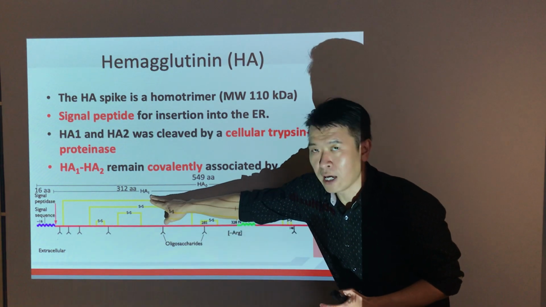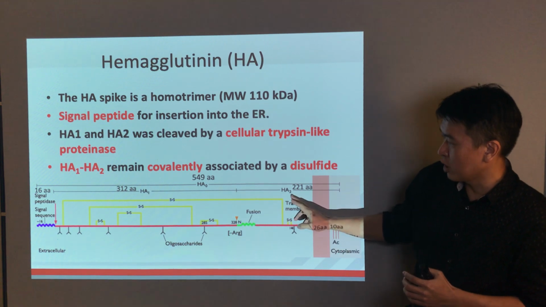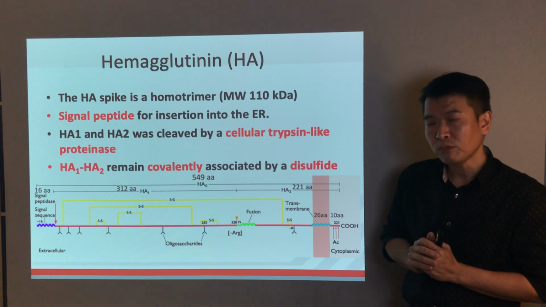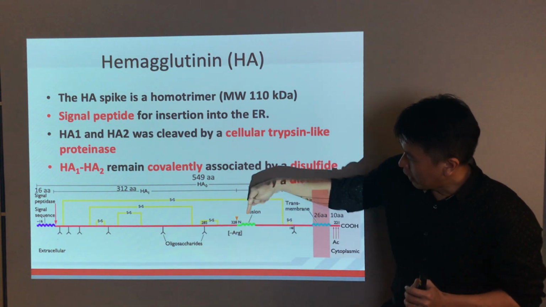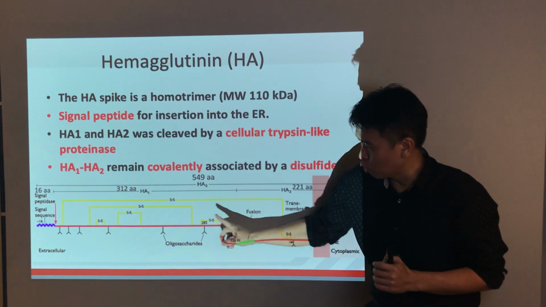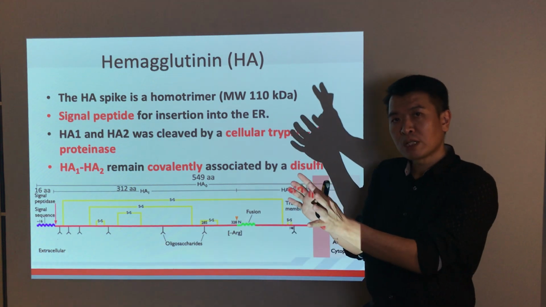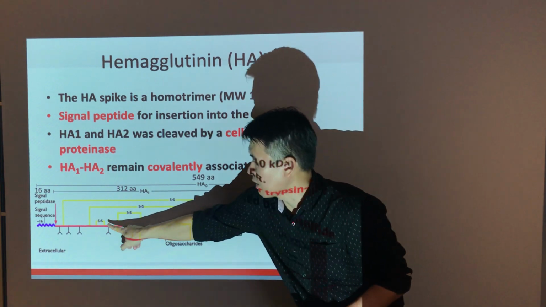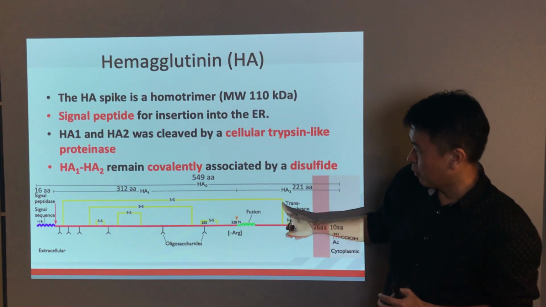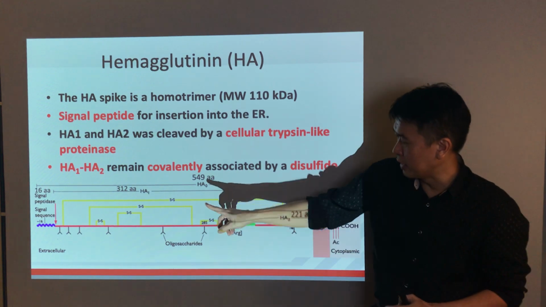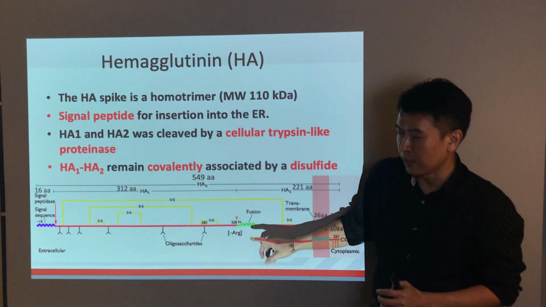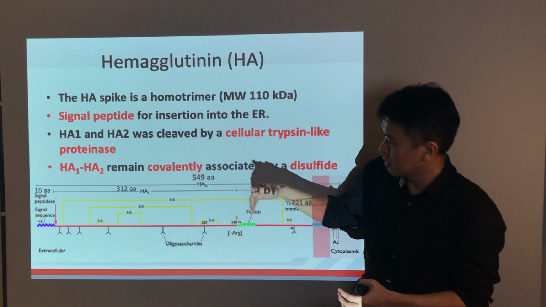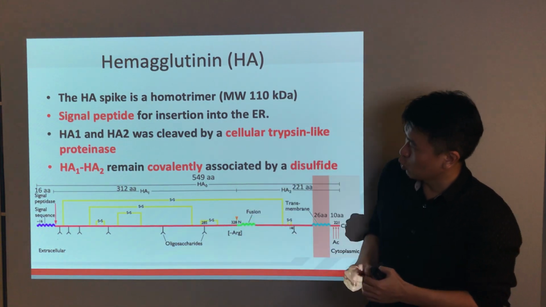Over here is HA1 and over here is HA2, where HA2 has the fusion peptide. Now, bear in mind, even though the protein has been cleaved into two, the portions are still linked together by a disulfide bond, shown here. This disulfide bond links HA2 and HA1 together, so the HA protein is still intact, just separated into two.